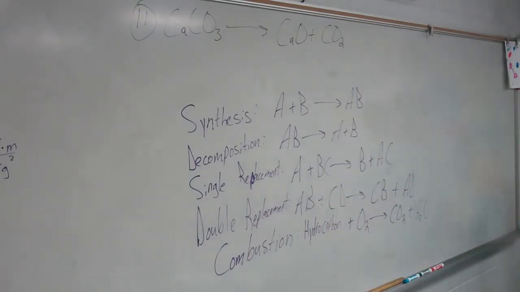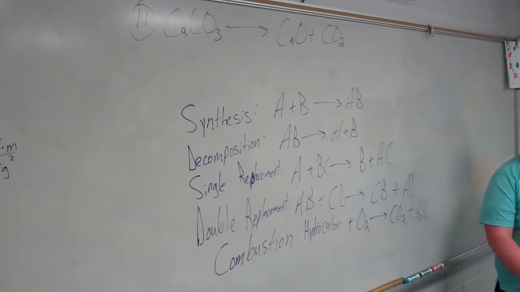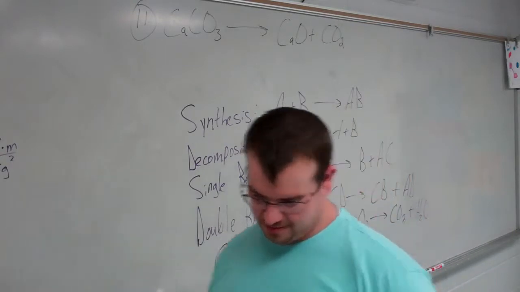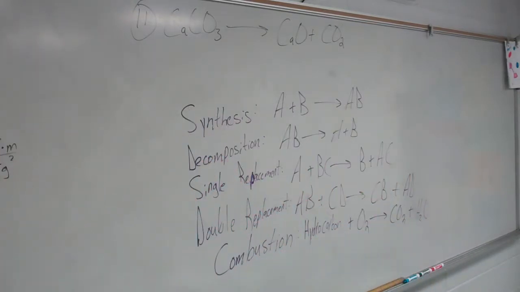Please do not blurt out the answer, because it looks confusing. Think back to the words that I've said. Another trick to help you is to look at your reactants. Look at the reactant side.